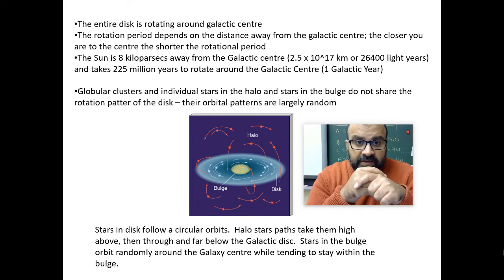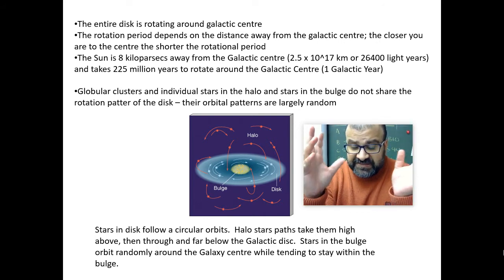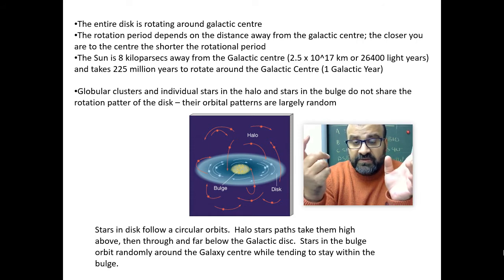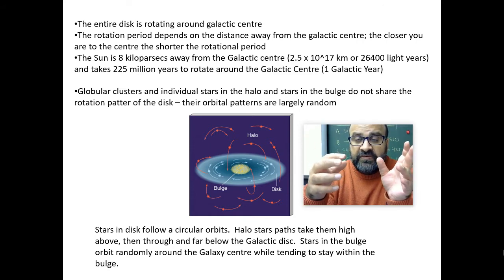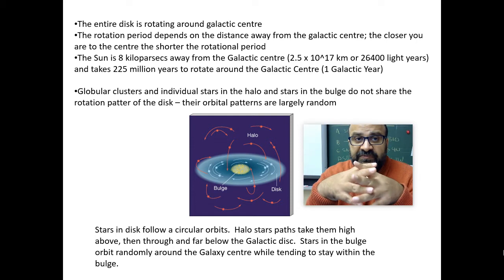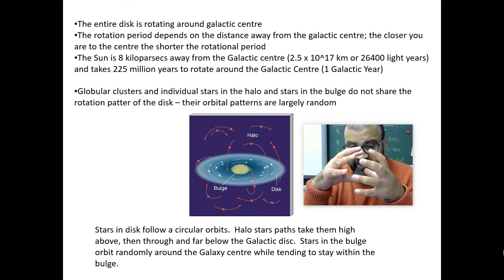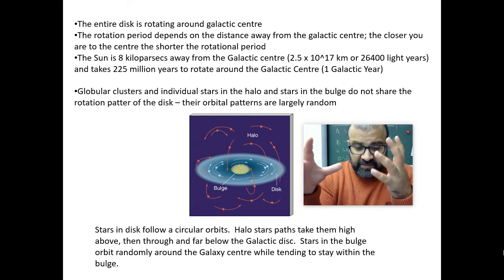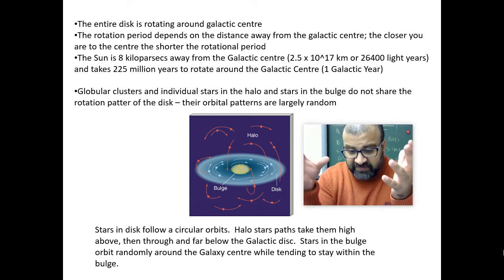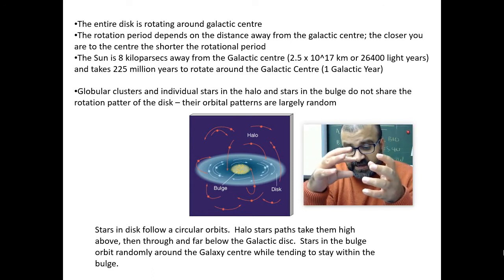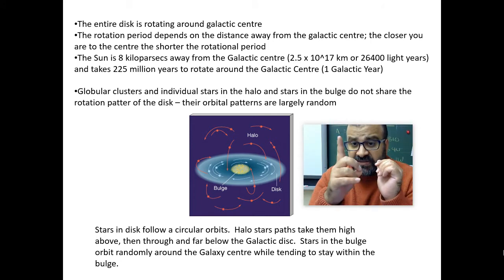Okay, the entire disk is spinning around the galactic center. So when we think about galaxy formation, you've got a large cloud of gas that gets pulled in by gravity, right? And this cloud of gas is massive, right? It starts forming stars and whatnot. And as it gets tighter and tighter, it slowly starts to spin.